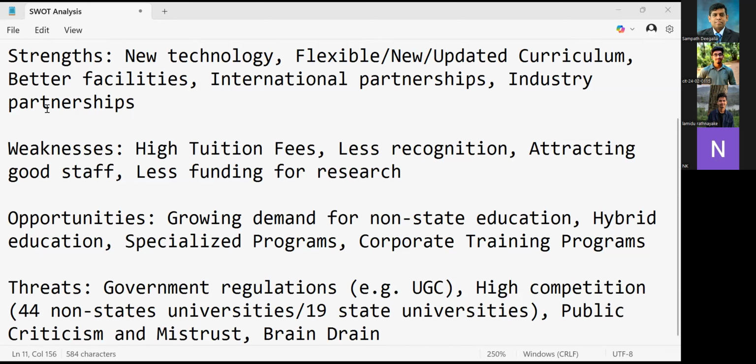Then public criticism and mistrust. Sometimes we discuss offering medical degrees in the private universities, and also brain drain, where qualified staff members get opportunities in other countries and leave the country. This is not only for non-state, even this is true for state as well.